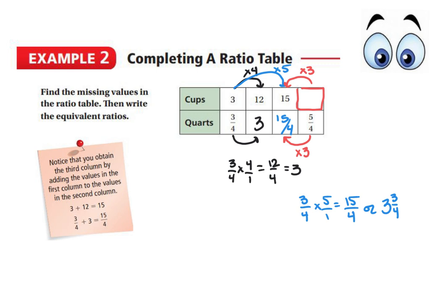So what number times 3 is 15? It's 5. So all we're doing here is we're applying factors. We're doing equivalent fractions by multiplying or dividing the top and bottom by the same value in order to write new fractions, but the bottom line is these are all equivalent.